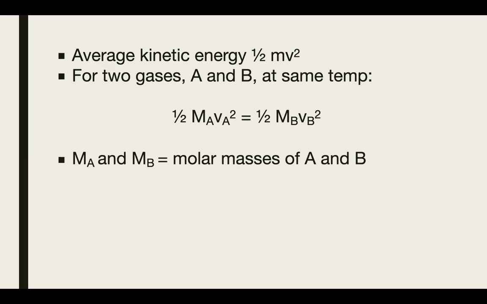MA and MB are the molar masses. We get rid of the fraction by multiplying both sides by 2. That gives us MAVA squared equals MBVB squared.